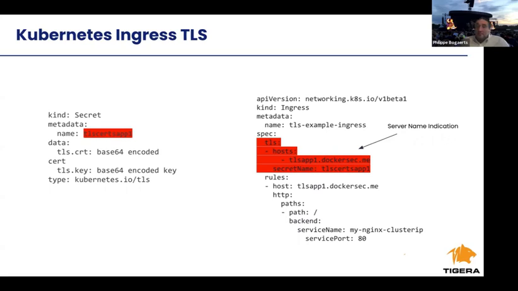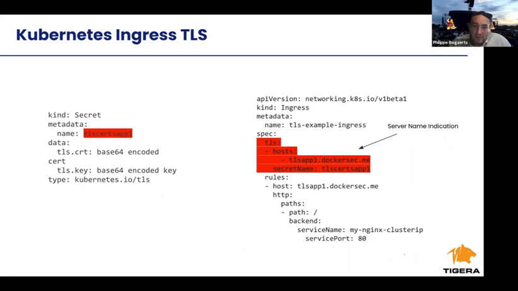As you know, an Ingress controller does have to present the right certificate. If you want to connect to app1.dockersync.me, this is typically in the host header, but since this is not visible when it is encrypted, we need to find another way.